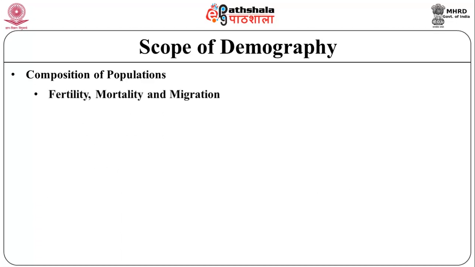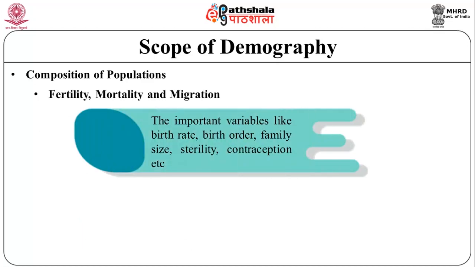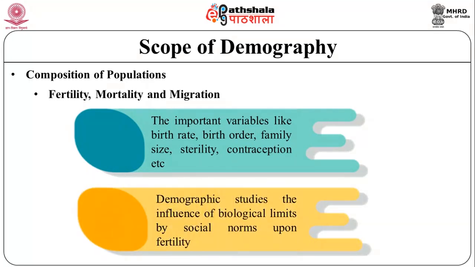Now, fertility, mortality and migration. You will be hearing these terms in this paper quite often, but without these terms, no demography study is complete. The important variables are birth rate, birth order, family size, sterility, contraception use, etc. Demography studies the influence of biological limits and social norms upon fertility.